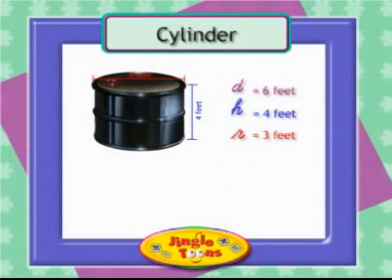The barrel is a cylinder, hence volume is equal to pi multiplied by r square multiplied by h. So, volume is equal to 3.14 multiplied by 3 square multiplied by 4. So, volume is equal to 3.14 multiplied by 9 multiplied by 4, which comes down to volume is equal to 113.04 cubic feet.